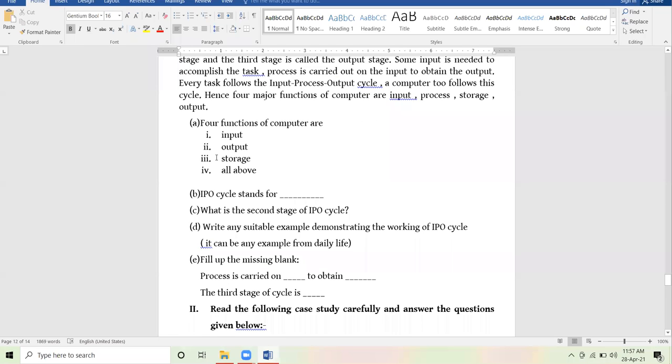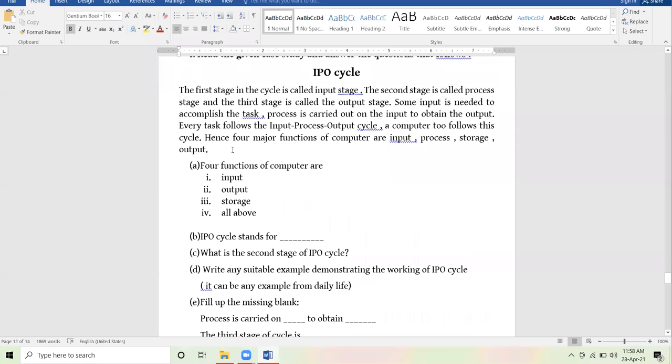The questions may be in the form of MCQs, fill in the blanks, or true and false. Such questions are known as competency based questions. What are they called? Competency based questions.